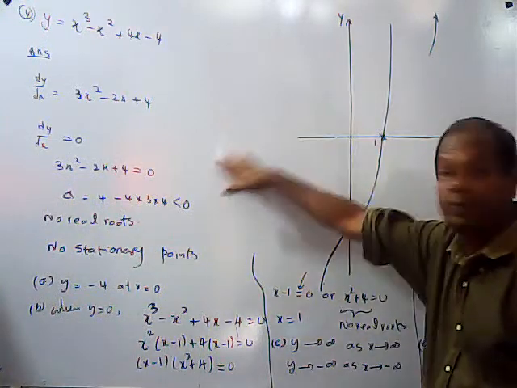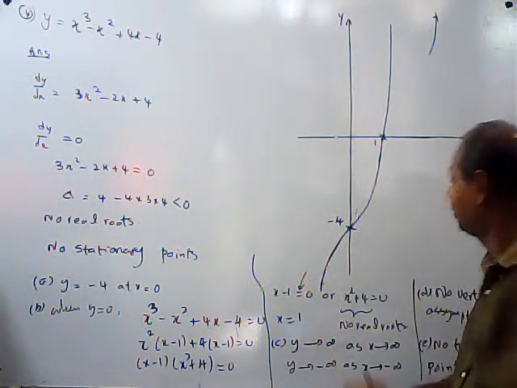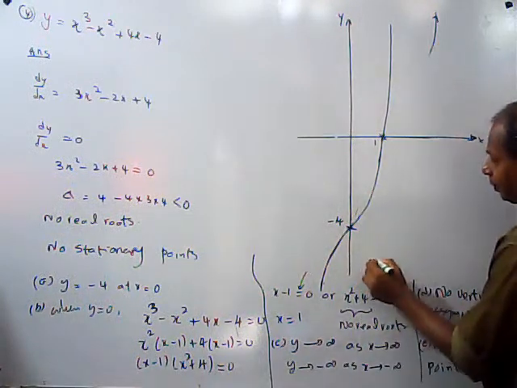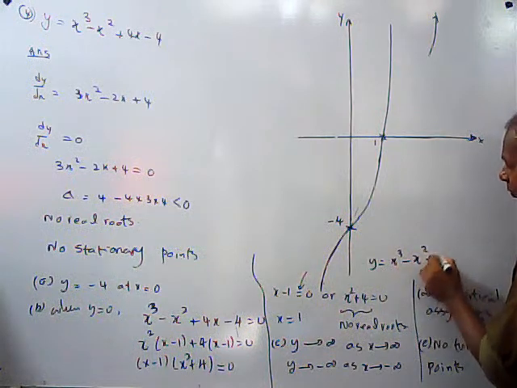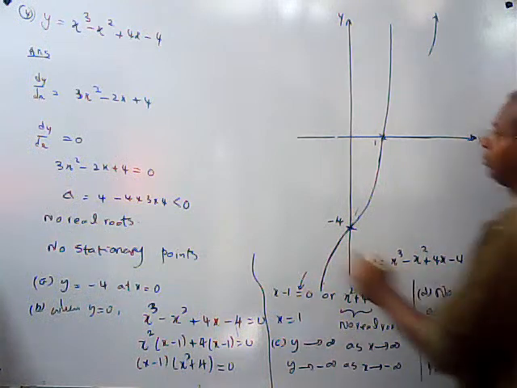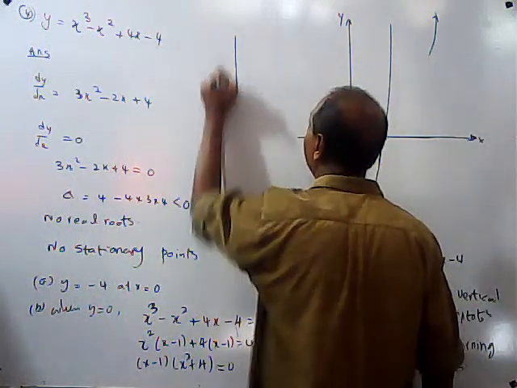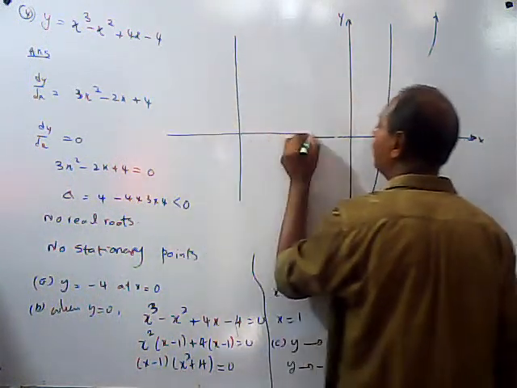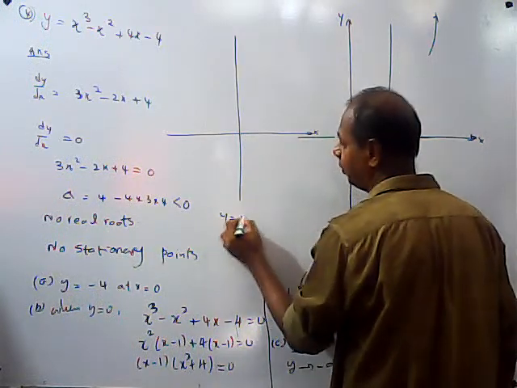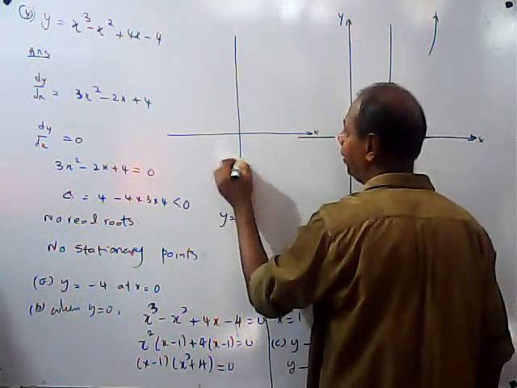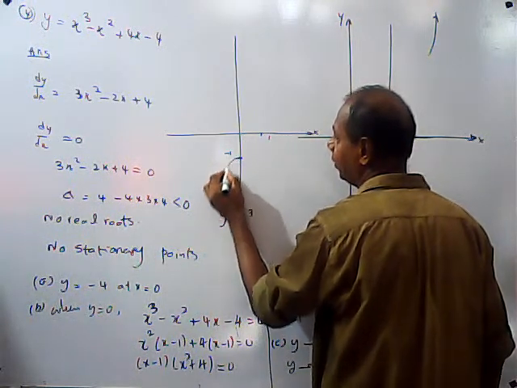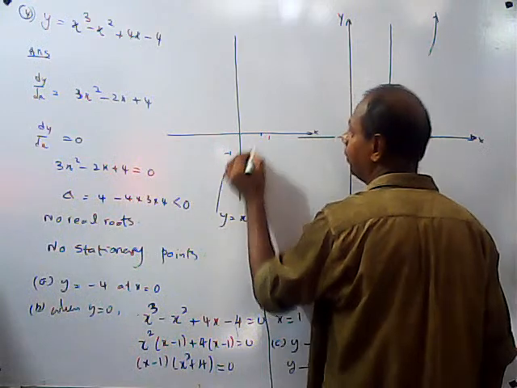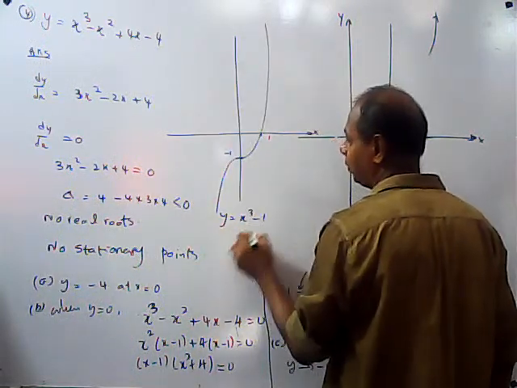If you compare this with the previous one, this is for y equals x cubed minus x squared plus 4x minus 4. The previous one we drew was y equals x cubed minus 1.